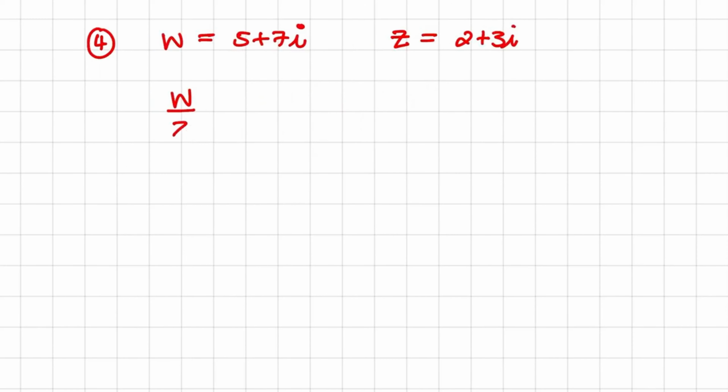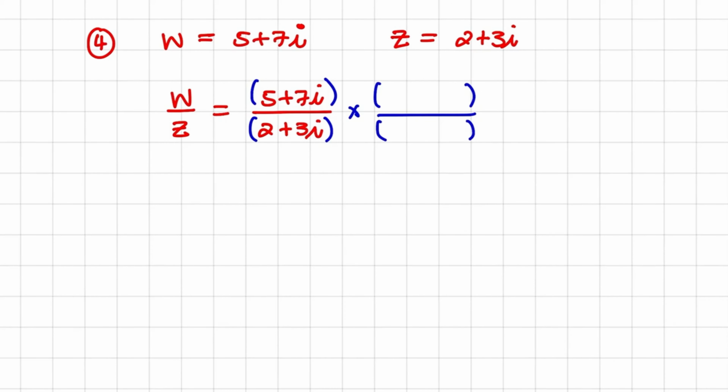Let us look at a practical example. So let us say we want to divide W with Z. So that is 5 plus 7i divided by 2 plus 3i. And in order to simplify, I take the conjugate and I multiply both the numerator and denominator by the conjugate of the denominator.